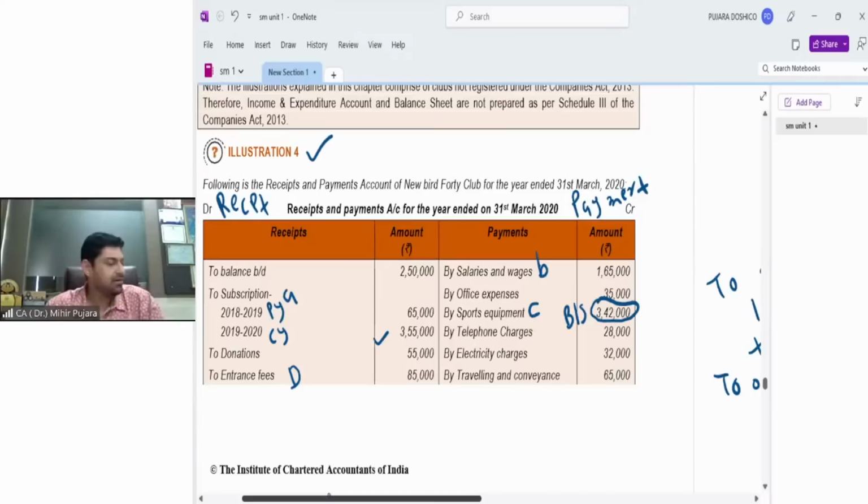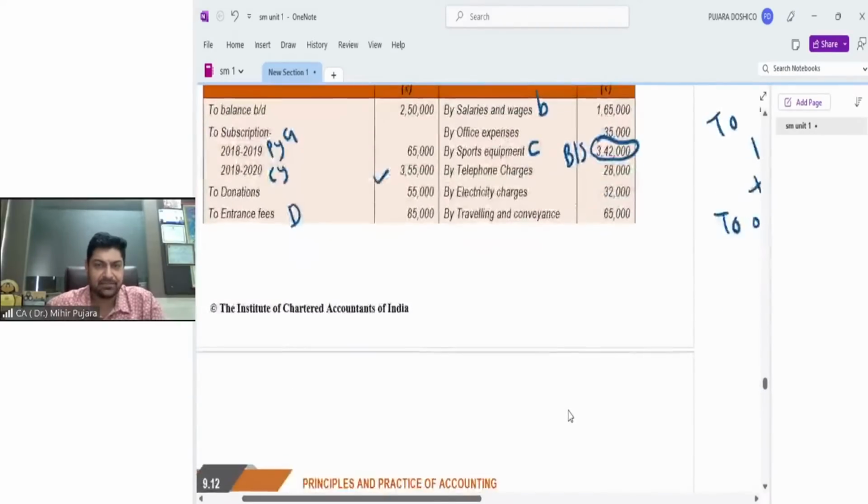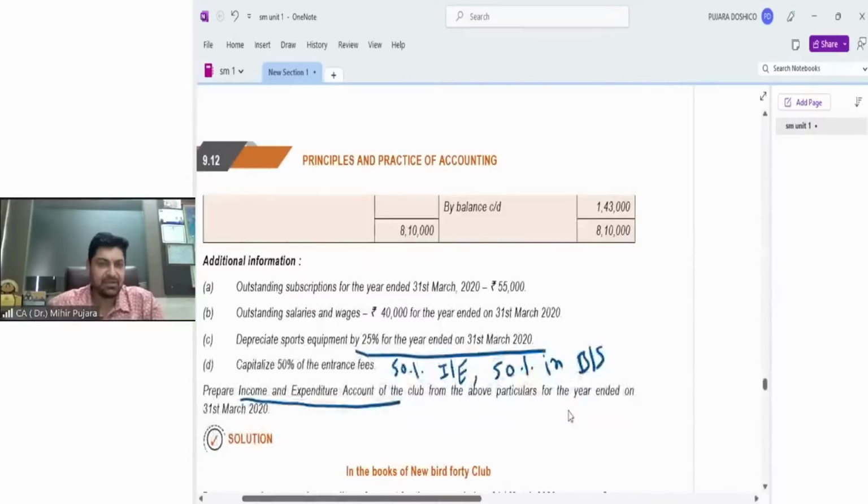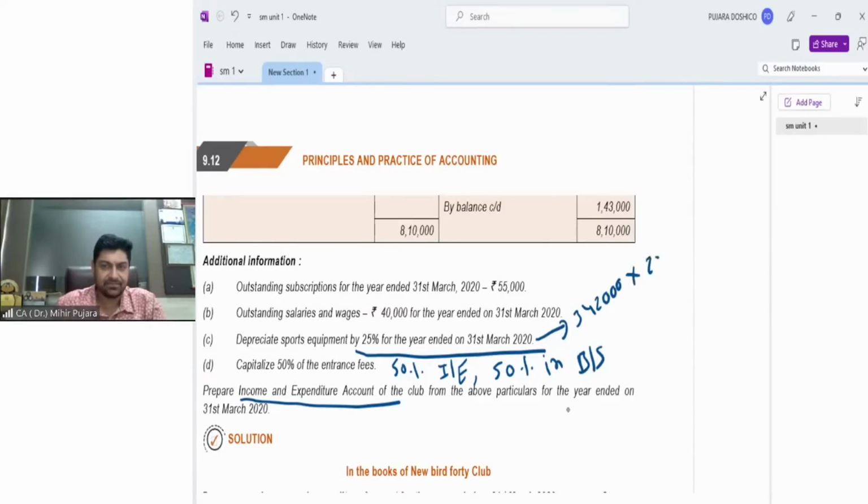But we need to provide depreciation. How much depreciation? 25 percentage. Right, guys? 25 percentage.